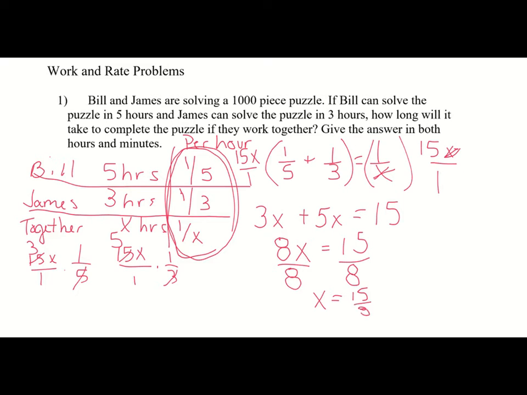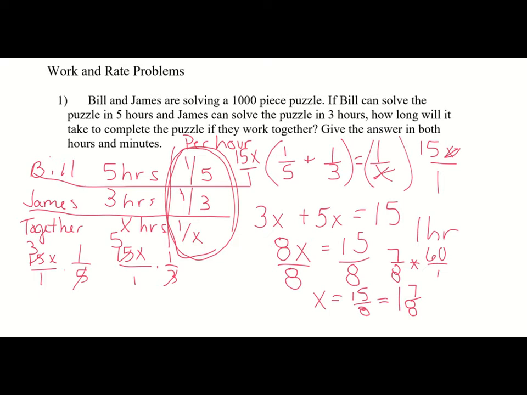So let's start by turning this into a mixed number. I know that 8 will go into 15 one whole time, and then there will be 7 left over. So it would be 1 7/8, or that's 1 hour. And then to figure out what 7/8 is of an hour, we're going to multiply that times 60 over 1, because there's 60 minutes in an hour.